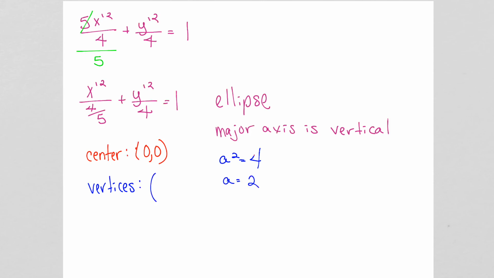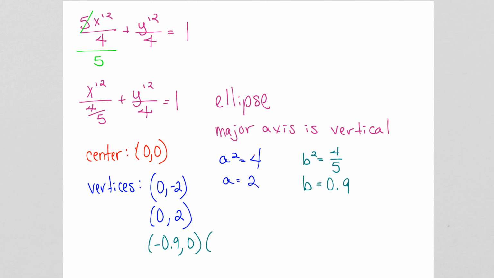So they must be at 0, -2, and 0, 2. We'll call them minor vertices, will be where b squared is 4/5. And the square root of 4/5 is approximately 0.9. So they would be -0.90 and 0.90.